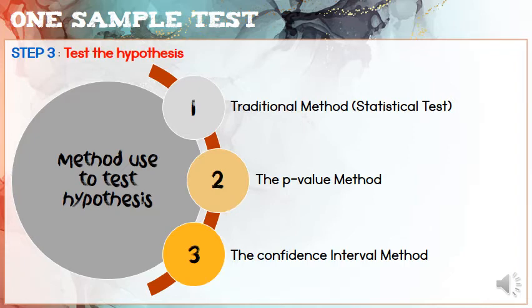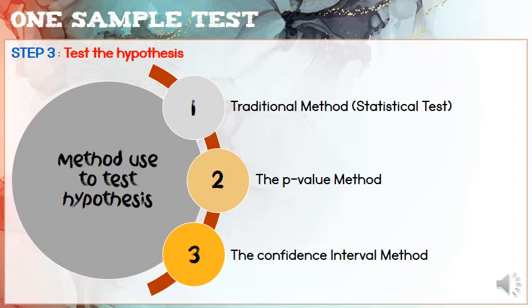If soalan specifically ask you to use the p-value, then you use the p-value. But if the question did not mention anything on which type of method you should use, then you may use any method, because no matter which method you choose, you will end up with the same conclusion.